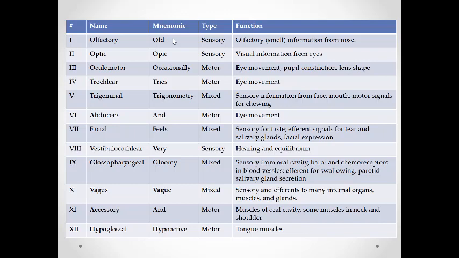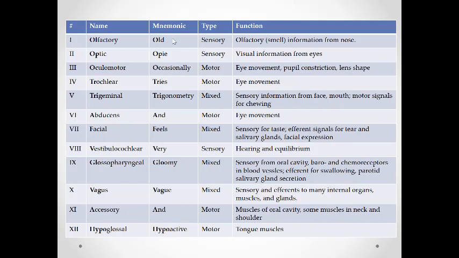Vestibulocochlear, that's involved with hearing and equilibrium. Glossopharyngeal, in your neck you have baroreceptors, which are pressure sensors, and chemoreceptors, which are chemical receptors that sit in your blood vessels, right in your neck area.